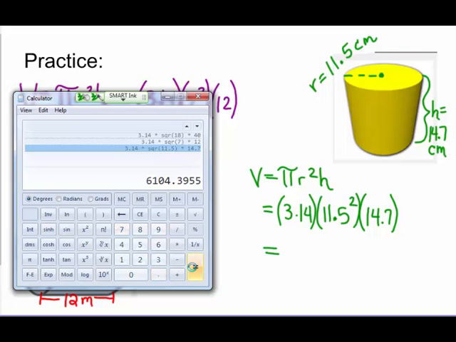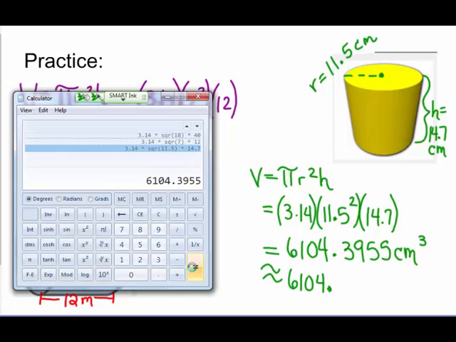So the volume of this cylinder is 6,104 and 3,955 ten-thousandths. I want to make sure that I round my answer to the nearest hundredth. That's 2 decimal places. So this cylinder has the volume of 6,104 and 40 hundredths centimeters cubed.